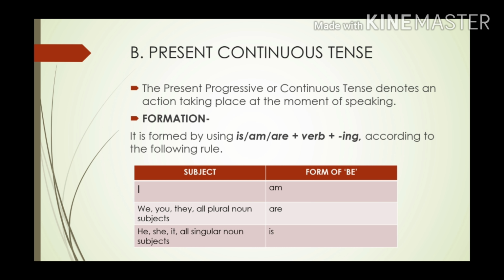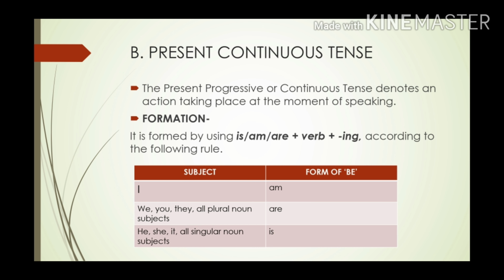Now, how do we form present continuous tense? It is formed by using is, am, are plus verb plus ing according to the following rule. So, if the subject is I, then we will use the verb am. If the subject is we, you, they, or all the plural noun subjects, then we will use the verb are.